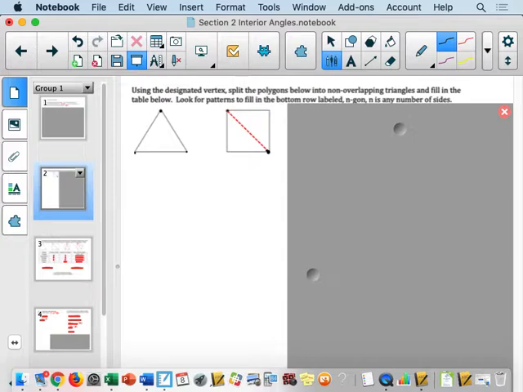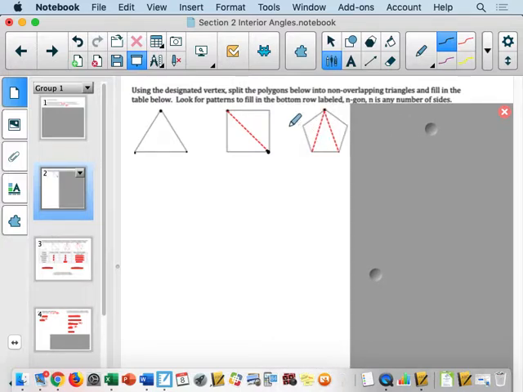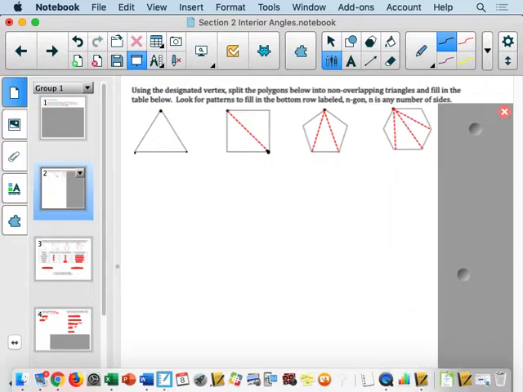When I go on to a pentagon, from this designated vertex, I can draw in two diagonals, splitting it into three total triangles. And from the hexagon, from this designated vertex, I can draw in three diagonals, leaving me with four triangles.